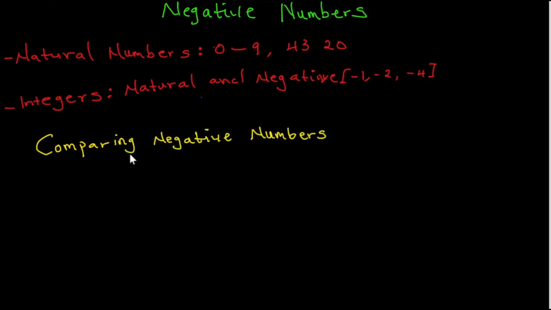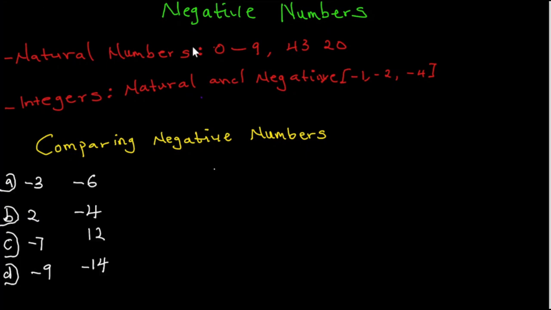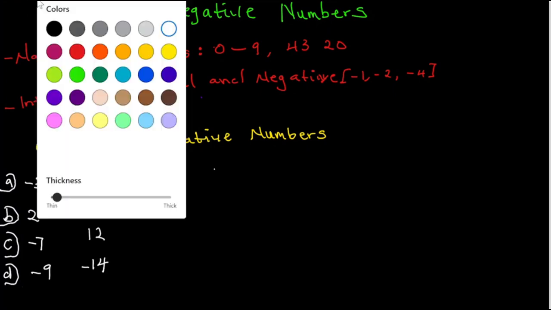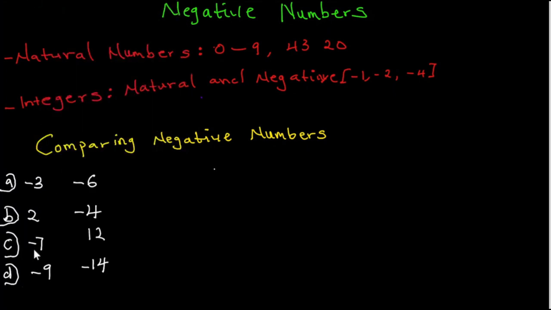When we compare negative numbers, for A we have -3 and -6, for B we have 2 and -4, for C we have -7 and 12, and for D we have -9 and -14. To compare, we're trying to see which one is bigger. Let's start with A first.